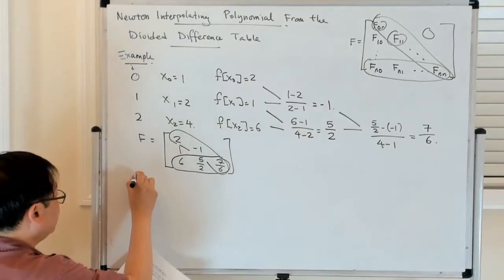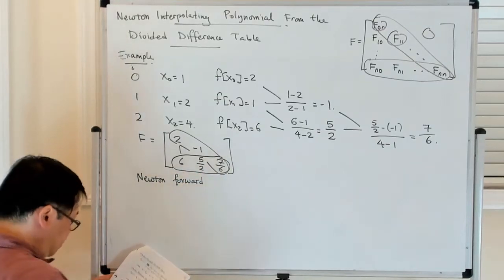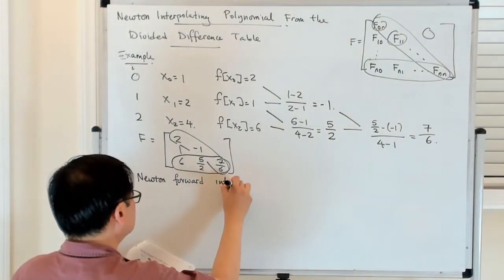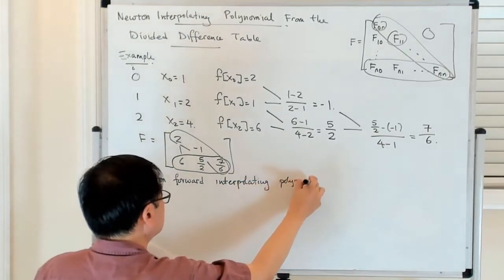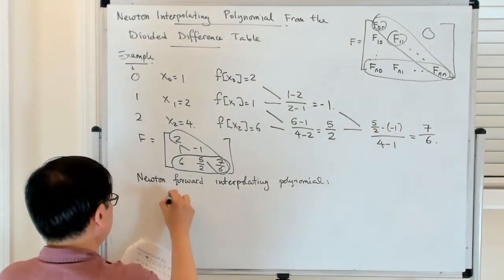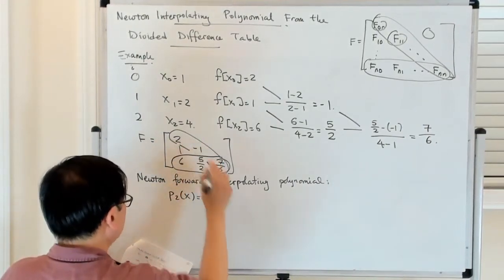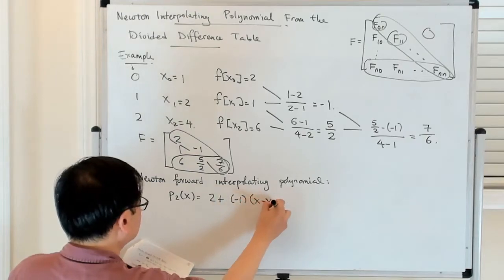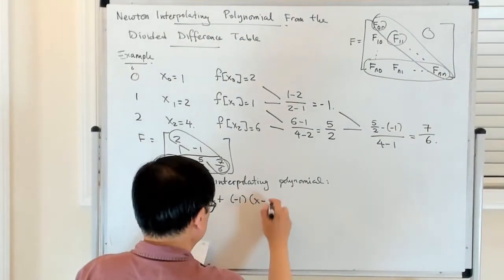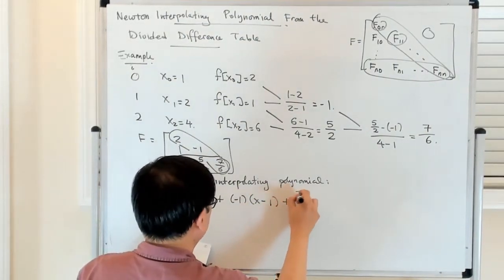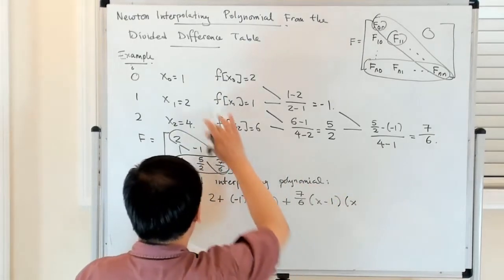With that in mind, the Newton forward interpolating polynomial is given by P2(x) = 2 plus minus 1 times (x minus x0), where x0 is 1, so x minus 1, plus 7 over 6 times (x minus x0), which is 1, (x minus x1), which is 2.